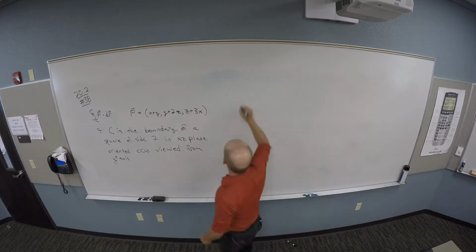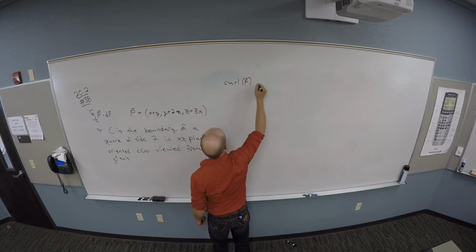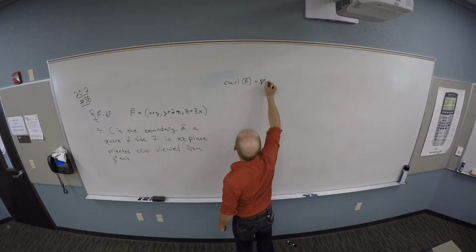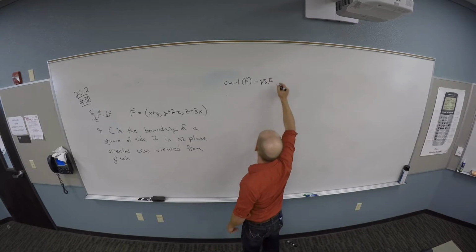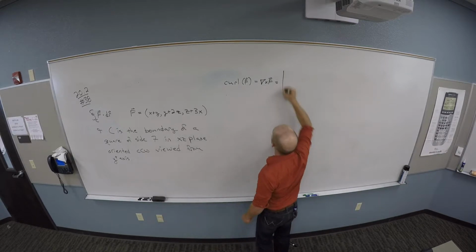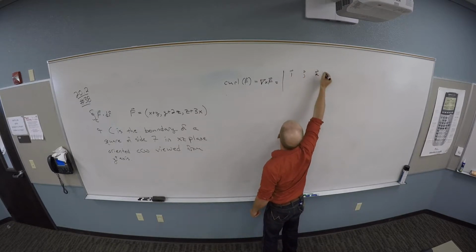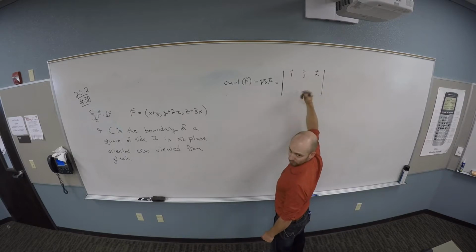Curl of f, how do you calculate curl of f? Take nabla, cross it with your function f. So that's going to be the determinant of i, j, k, and who's in the middle?